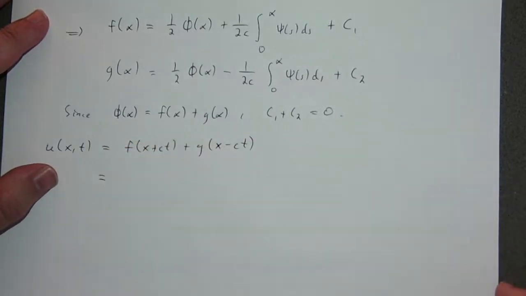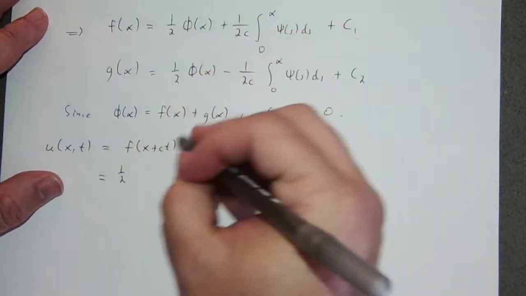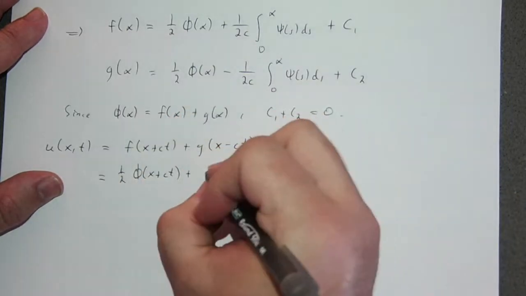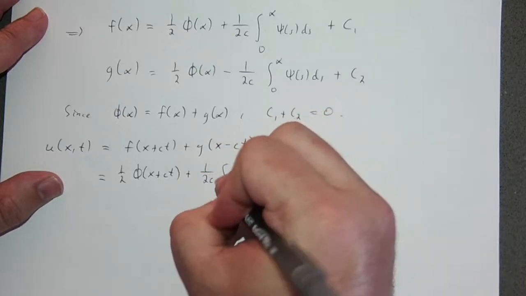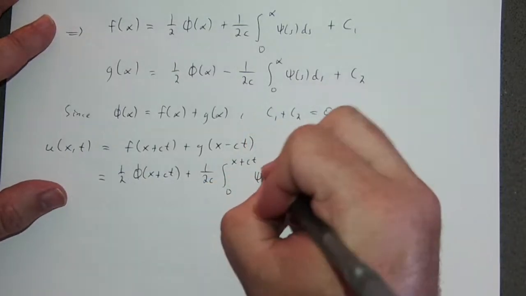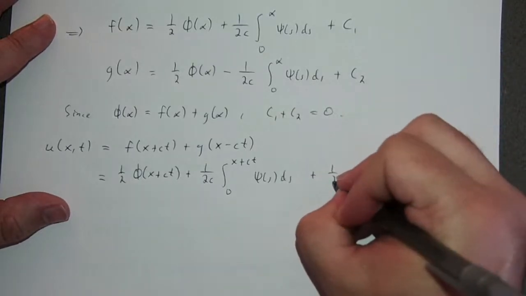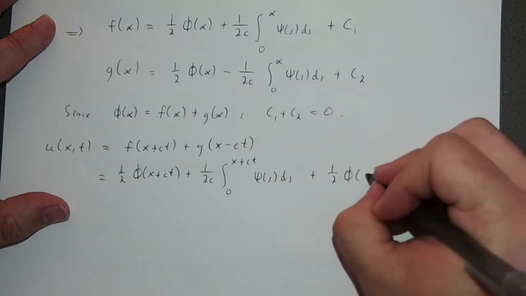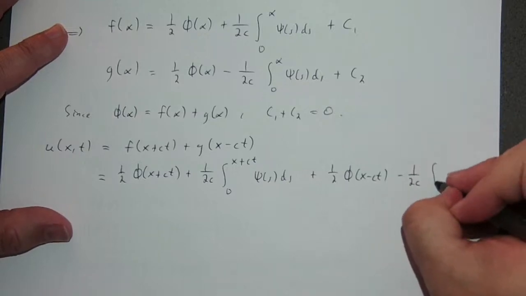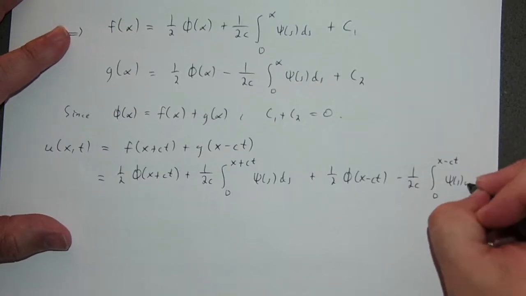So this is now 1/2 times phi of x plus ct plus 1 over 2c times the integral from 0 to x plus ct of psi of s ds, and again, I don't care about the constants, plus 1/2 phi of x minus ct minus 1 over 2c times the integral from 0 to x minus ct of psi of s ds.